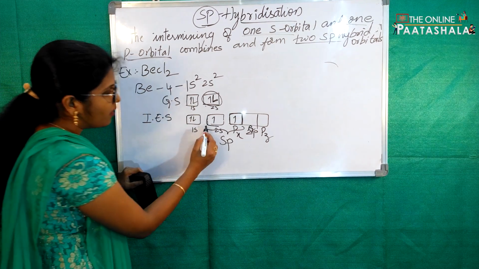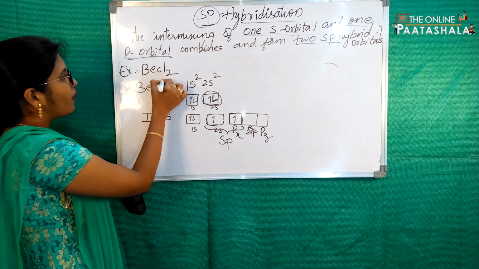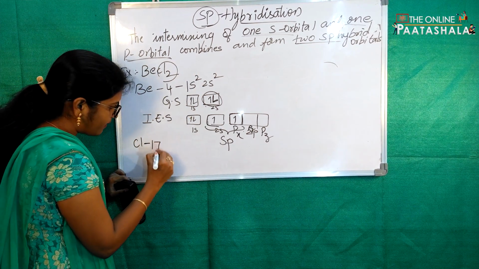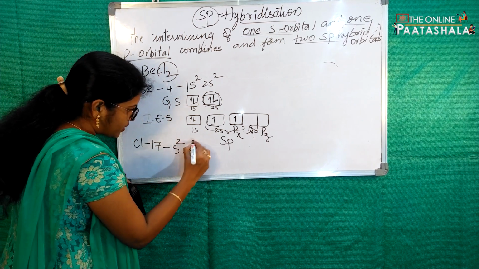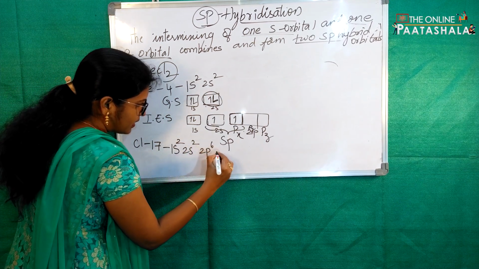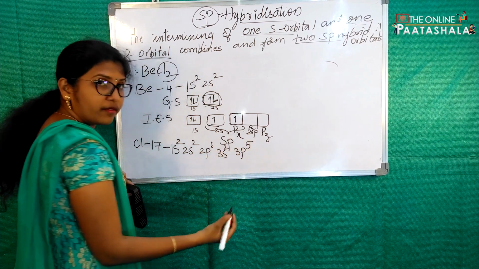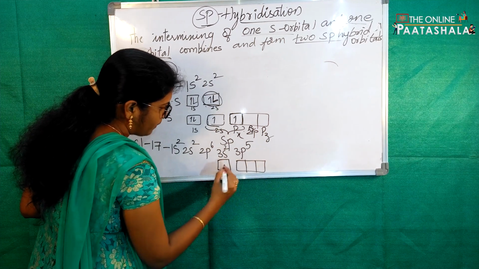In beryllium, one s orbital and one p orbital combine with how many chlorines? Chlorine, what is the atomic number? 17. What is the electronic configuration? 1s2, 2s2, 2p6, 3s2, 3p5, in the form of orbitals.